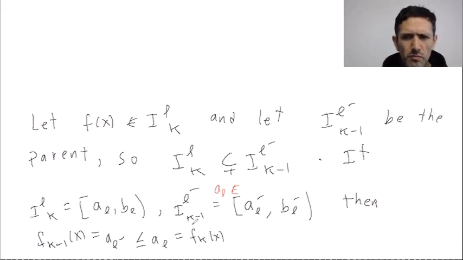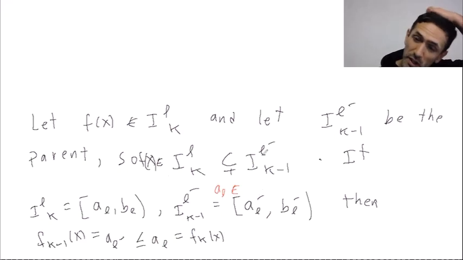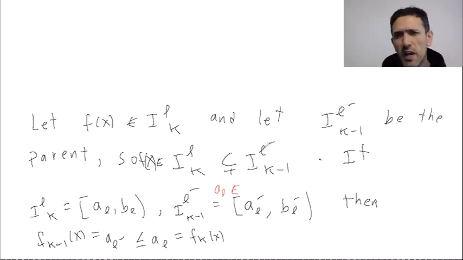So to be clear, f of x is in here, so by definition f of x is in J_L'^(k minus 1), and hence f_(k minus 1) of x is this left endpoint. And this was just done for arbitrary x, so that's it. There's nothing more to it.